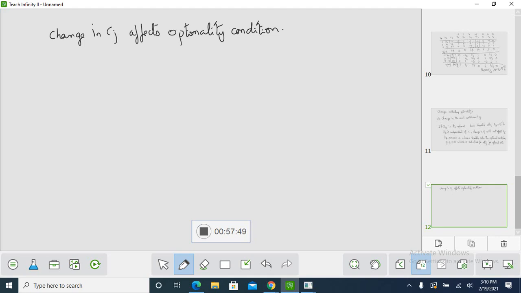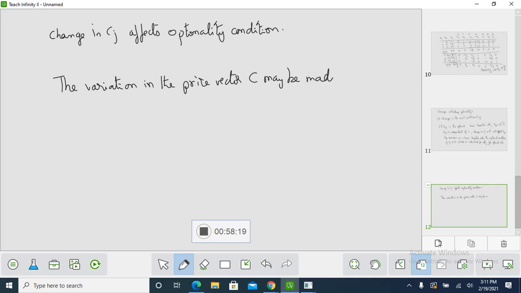The variation in the price vector C may be made in the following two ways.